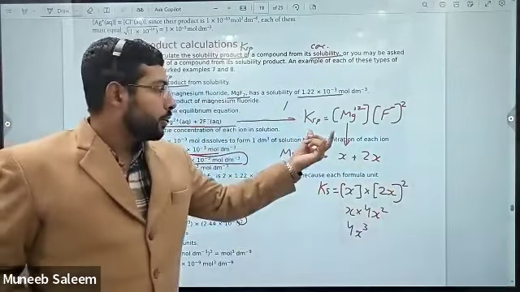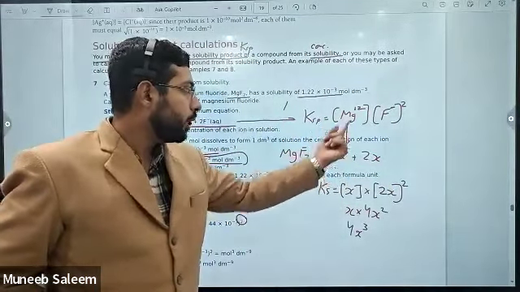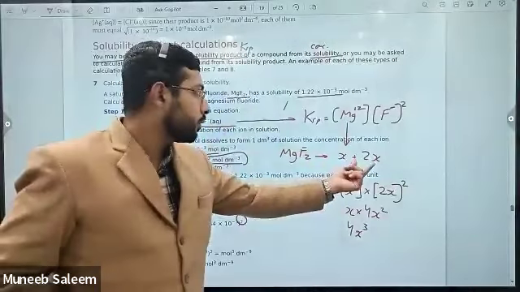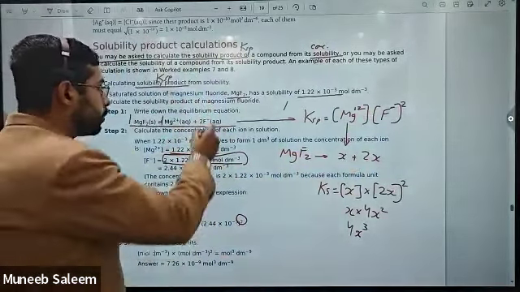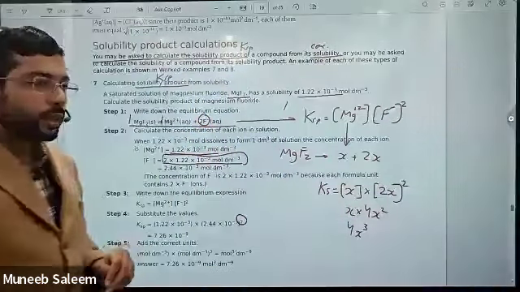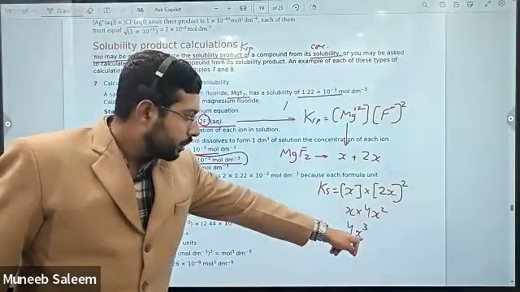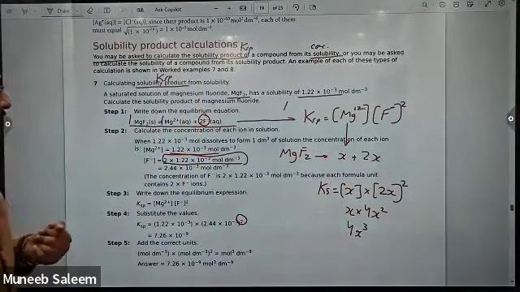For any compound in which one ion has only 1 mole but the other ion has 2 moles, like in this case, where we got 2 times fluoride ions, you will always get this type of expression. And over here, X will be equal to the amount which is basically taken.